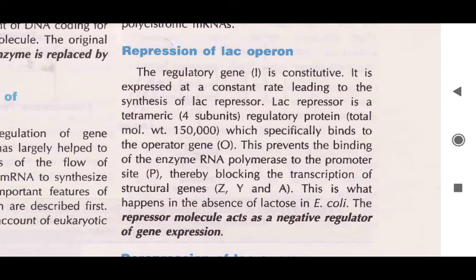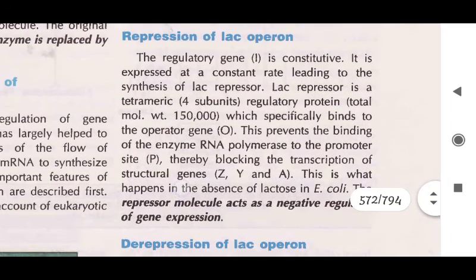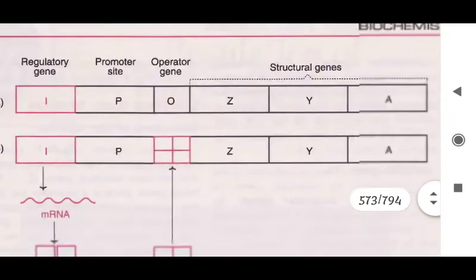The lac repressor is a tetramer made up of 4 subunits, and it has a molecular weight of about 150,000 daltons. This lac repressor that we are talking about is a regulatory protein, right? It specifically binds to the operator gene. See the figure.